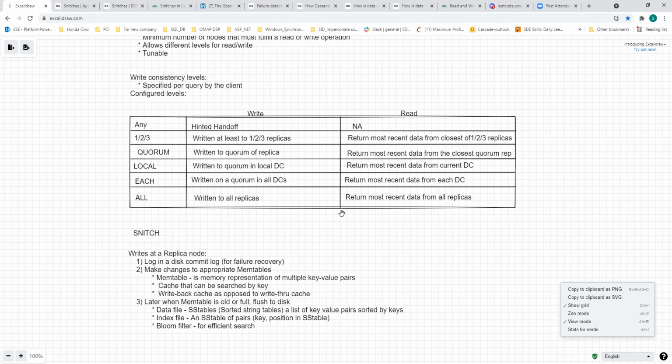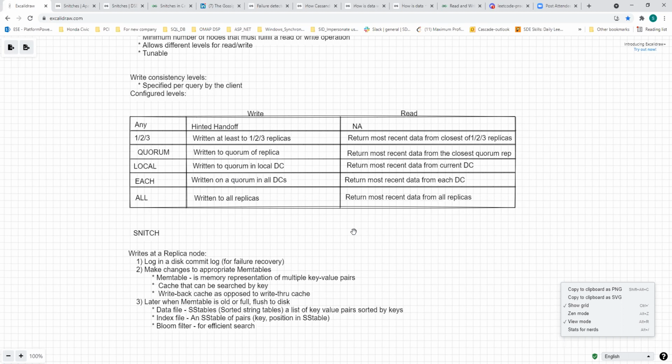Now, what is being used is called a snitch. It's an application which determines the most responsive nodes, the proximity nodes in a ring. When Cassandra is performing a read operation and the coordinator sends a read request, it has to send it to the fastest nodes to get it very quickly.